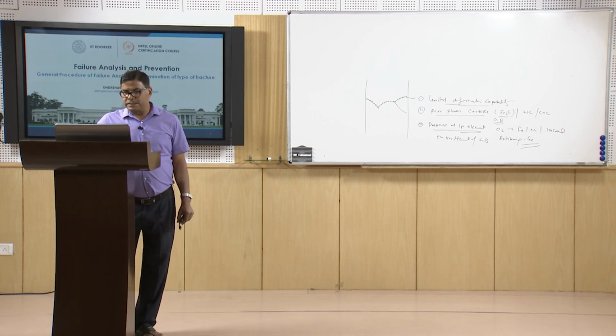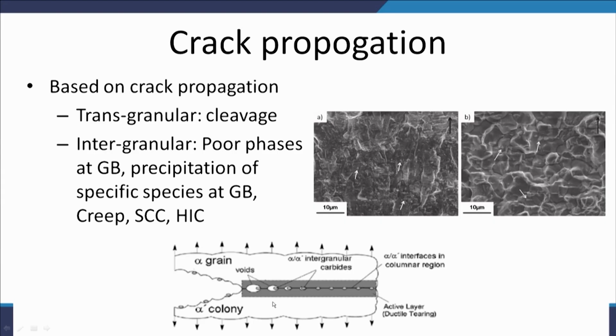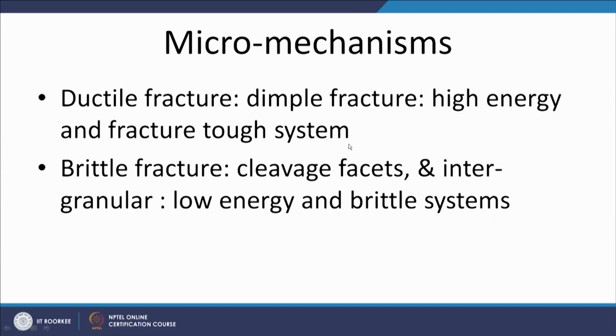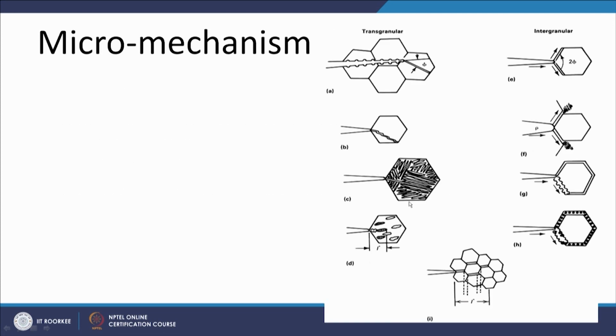So, in all these cases, we will be finding the dimples on both sides. As I have said, ductile fracture primarily involves dimple fracture, which is a high energy fracture, and the fracture of tough systems shows this kind of fracture, while brittle fracture shows cleavage facets and intergranular fracture, which indicates low energy fracture and is found in brittle systems.